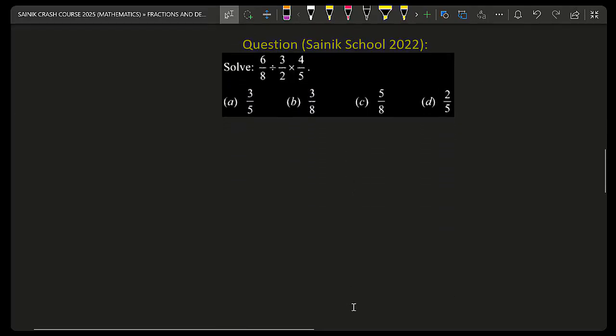So this is your next question. This question came in the 2022 paper. Solve this expression. All of you read the question and options and try to solve this.